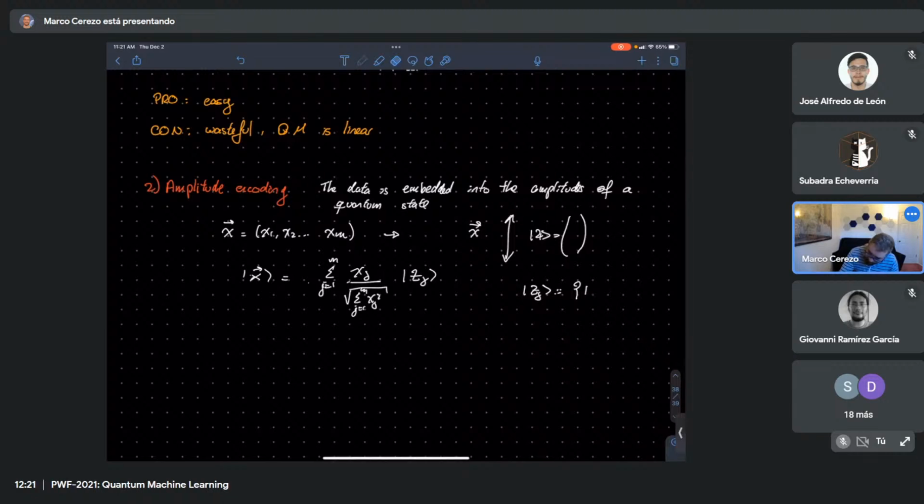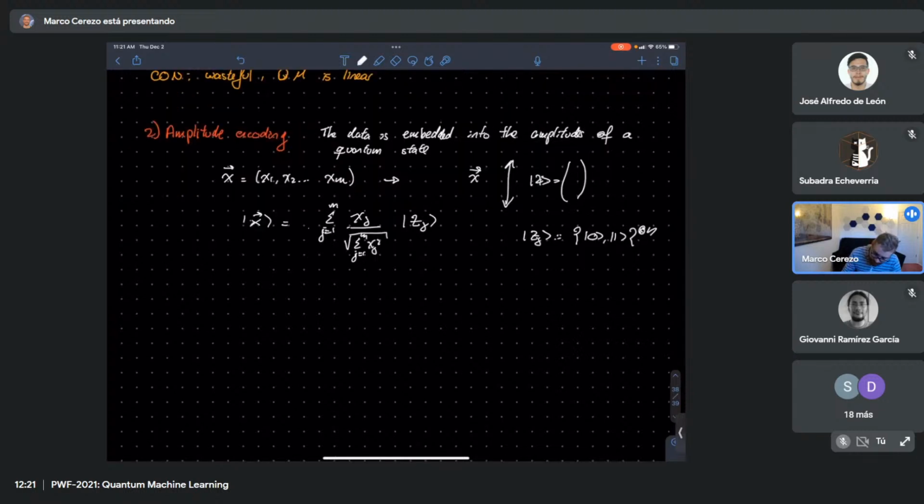This should be 0 and 1 to the n, right? And of course, then we can just build a quantum state for the data set, just the summation, I should use i now, going from 1 to the size of the data set, of those states xi, right?